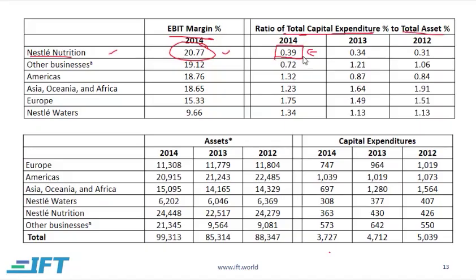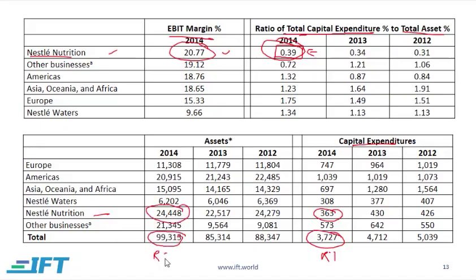So let me just explain where this 0.39 is coming from. The first ratio we take is the ratio for capital expenditures. So with Nestle Nutrition, we are going to take 363 divided by this total capital expenditure. So let's just call this ratio 1. And then ratio 2 will be this number divided by the total.